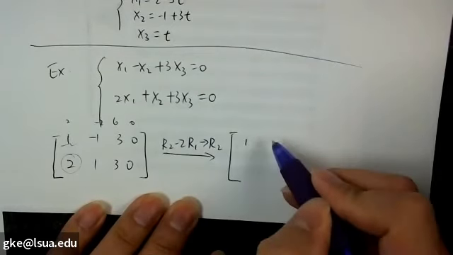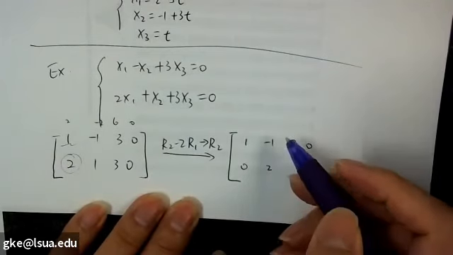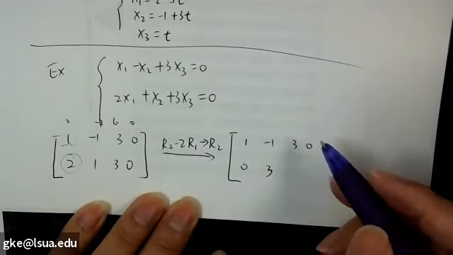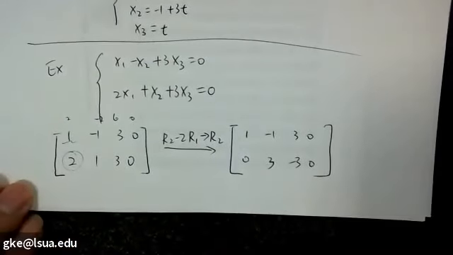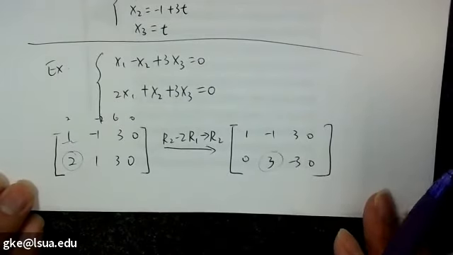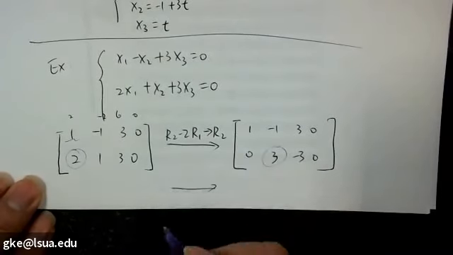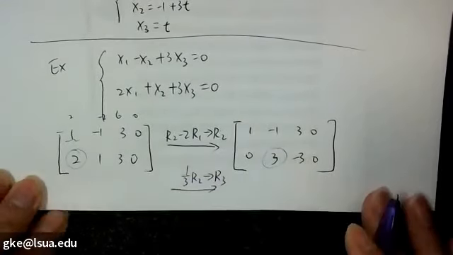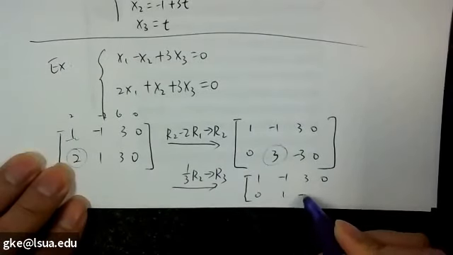Subtract it. Should be 0, 3. Sorry, 1 minus -2 should be 3. -3, 0. Okay. And again, since this diagonal is 3, we want to keep this entry as 1. So we just divide this row by 3. Right? And we're gonna get 1, -1, 3, 0, -1, 0.